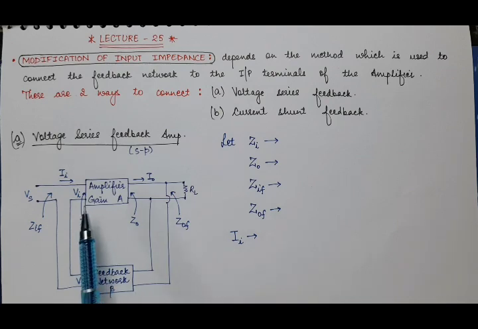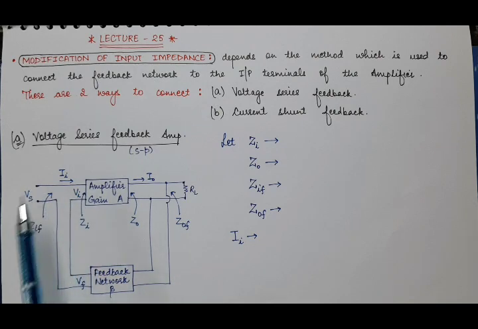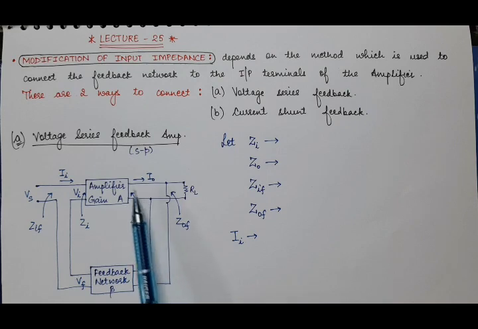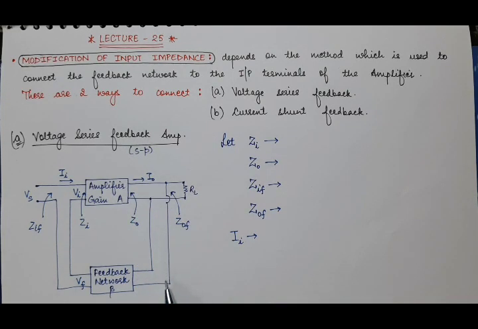One end of the amplifier on the input side is connected to one end of the feedback network, and the other ends of the amplifier and the feedback network are both connected to the input signal voltage. Both ends of the amplifier output are connected to the feedback network. So output connections are in parallel, input connections are in series.